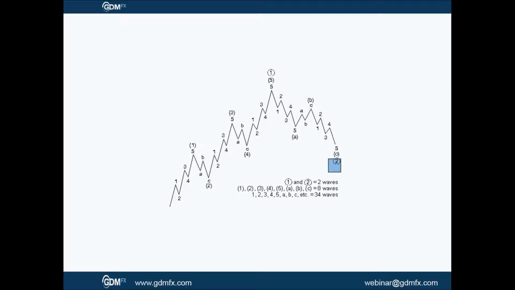Those waves of any degree in any series always subdivide and resubdivide into waves of lesser degree, and simultaneously are components of waves of higher degree.